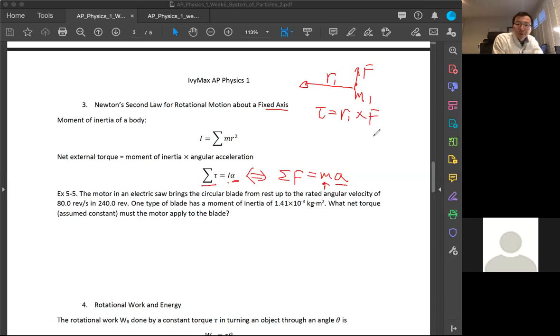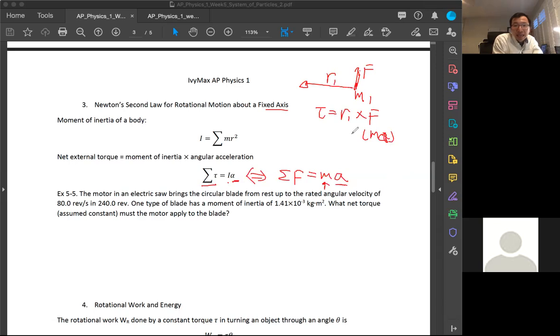This force I can simply consider as ma, so it can be accelerated that way. The object has a force going up, and the mass accelerates upward, so this is ma.